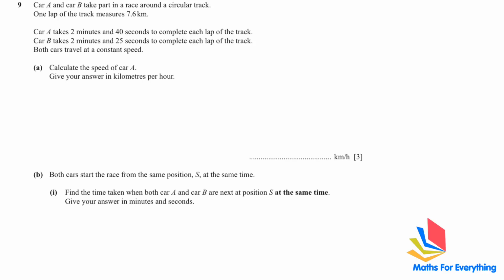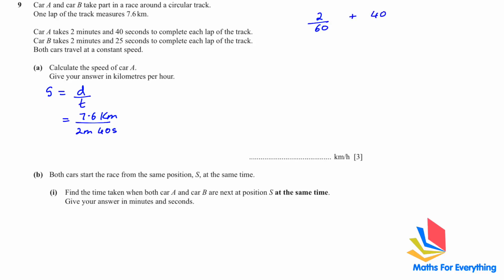To find speed, we use the formula distance over time taken. The distance is 7.6 kilometers and time is 2 minutes and 40 seconds. But we want our answer in hours. So we need to change the minutes and the seconds into hours. To change 2 minutes into hours, we divide by 60.